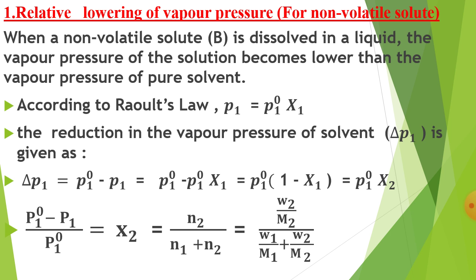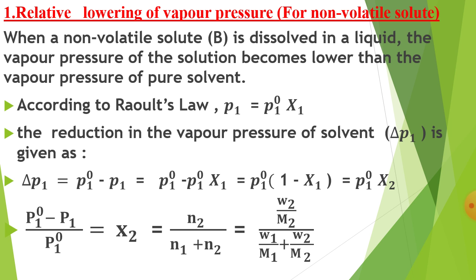I also told you about volatile and non-volatile. Volatile means they have the tendency to form vapor, just like water, petrol, and non-volatile means they do not come in the form of vapor.